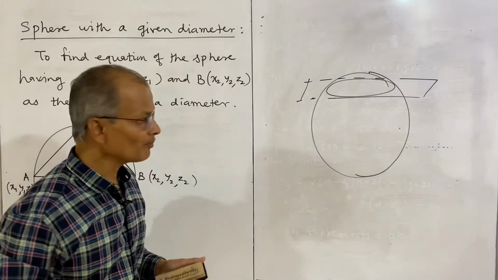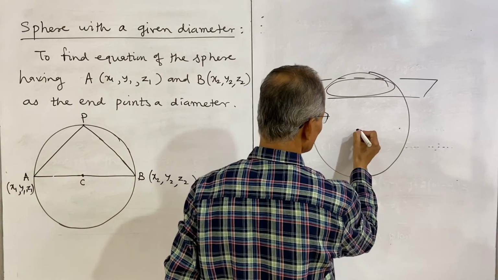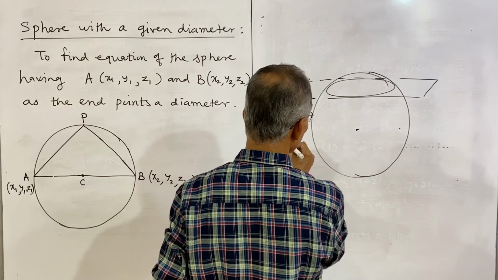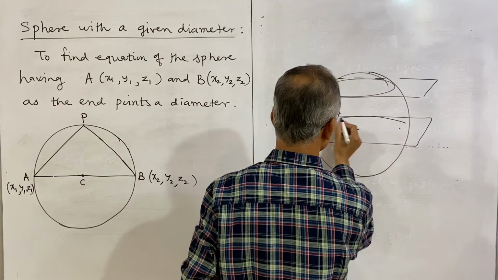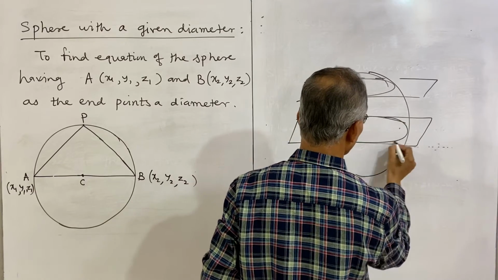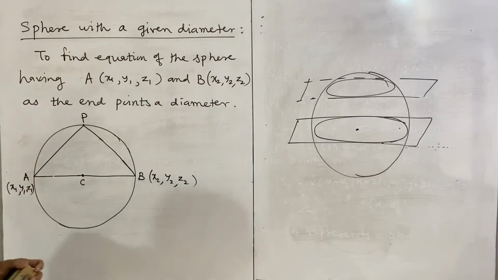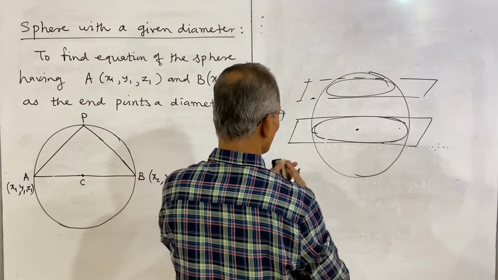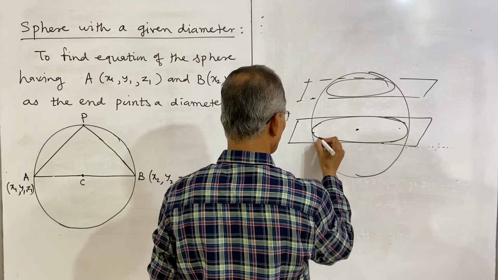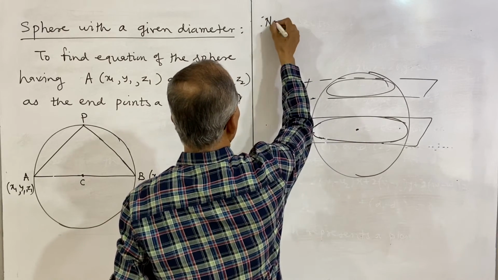And if that plane passes through the center of the sphere, then a bigger circle is obtained, and that is known as great circle. Circle passing through the center is great circle. I should note that as a note.